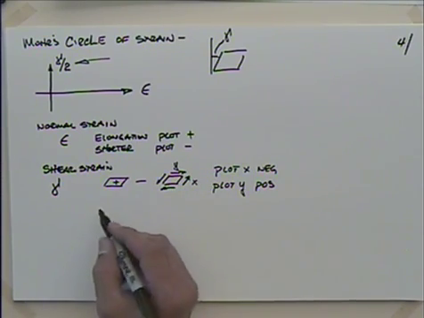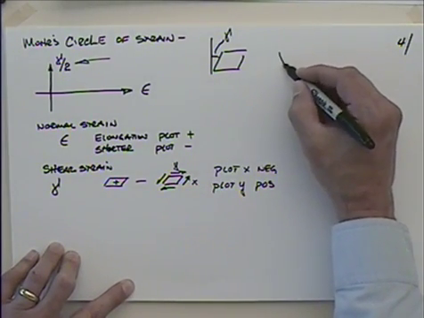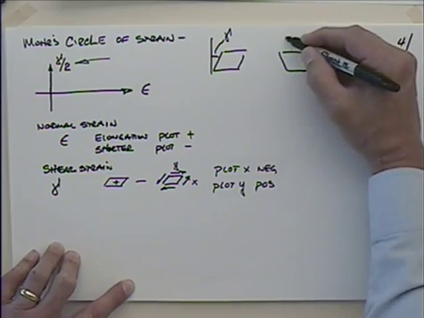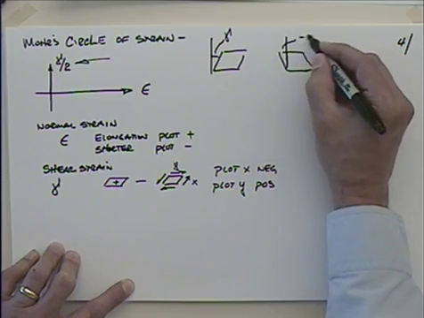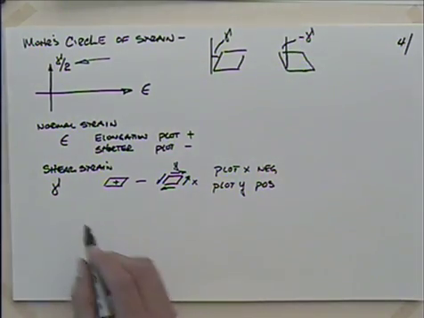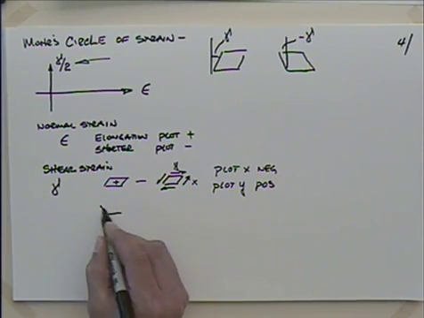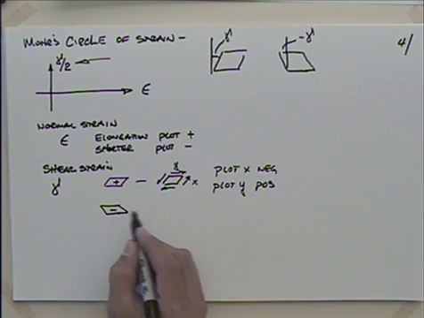Well, what if it looks like this? It could conceivably deform in the other direction, like this, where we have a negative gamma, right? We're going to have some negative gamma in there. So that's negative.